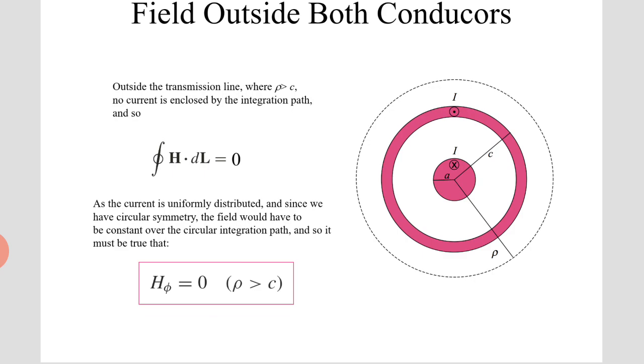As the current is uniformly distributed and we have circular symmetry, the field is constant over the circular integration path, and so H phi must be 0 when rho is greater than c. You can observe in the figure that the magnetic field beyond radius c is considered to be 0. The current enclosed is 0, so H phi is 0.